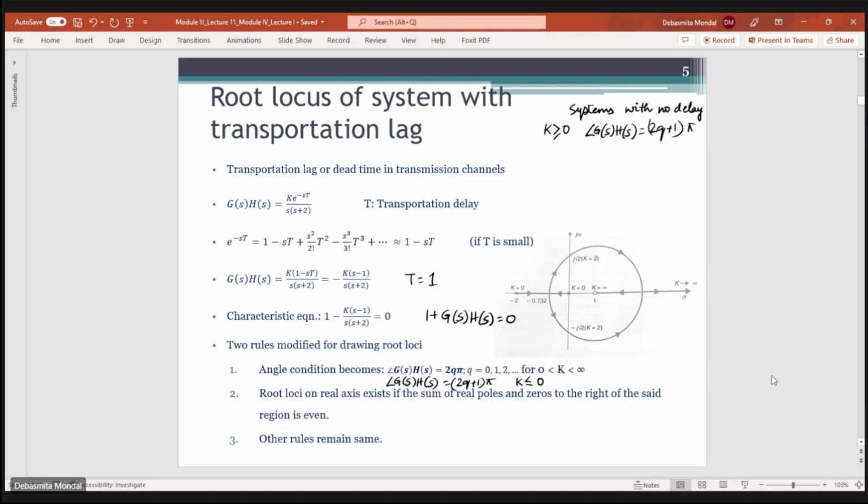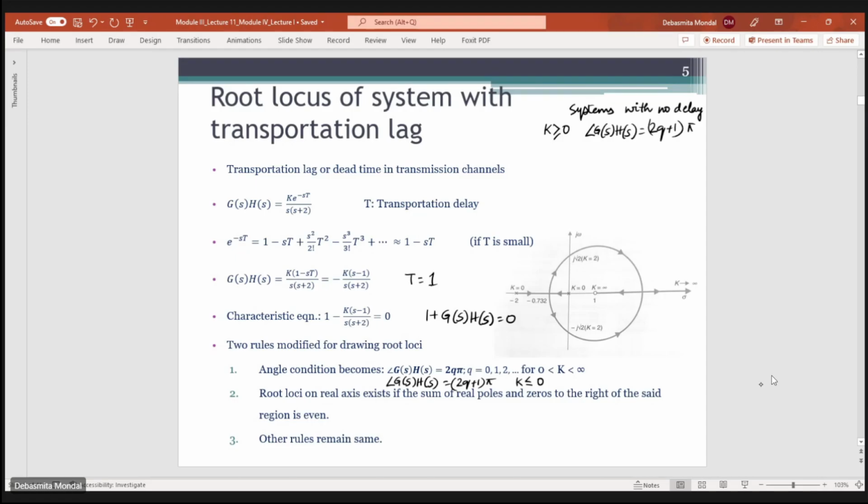In other terms, the root locus exists on the real axis if towards the right of that you have an even number of real poles and zeros. Apart from these two conditions, all the other rules remain the same, and following those rules you can simply draw the root locus of this system.